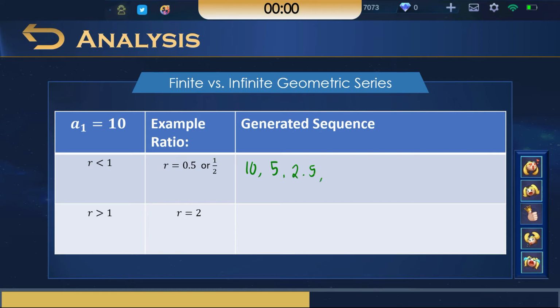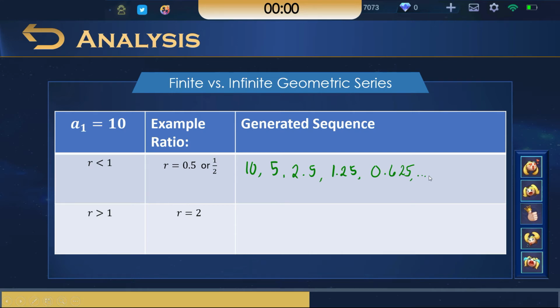And 2.5 times 0.5, we have 1.25. Times 0.5, we have now 0.625, and so on.